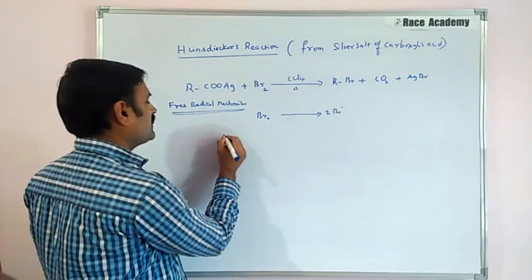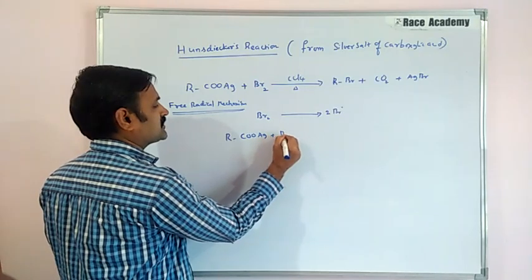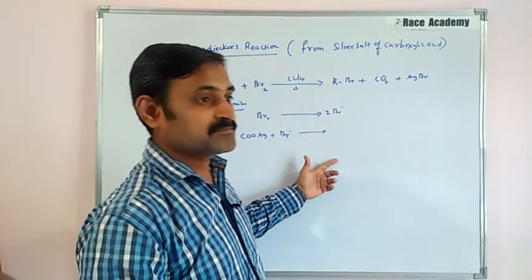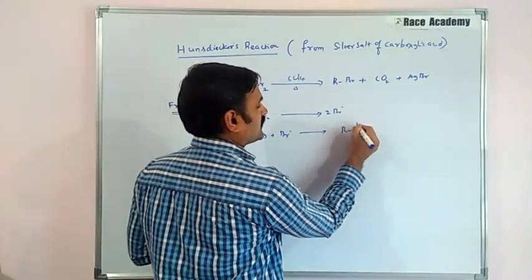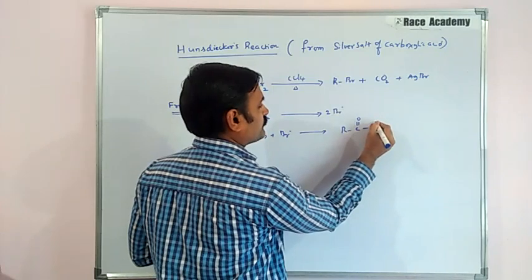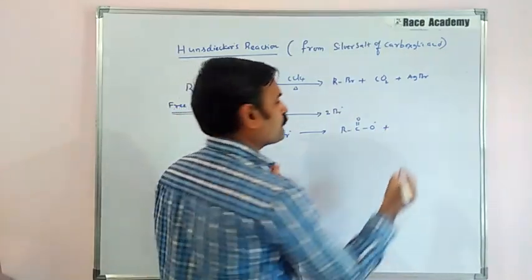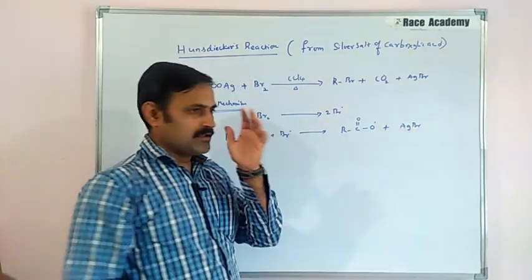One of the bromine free radicals is treated with the silver salt of carboxylic acid and gives a carboxylate free radical, and silver goes with the bromine free radical and forms AgBr. That is our second step.